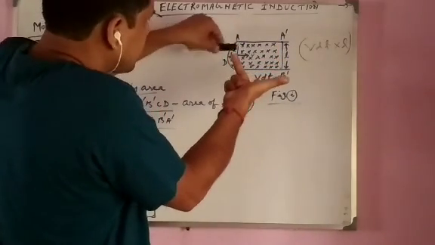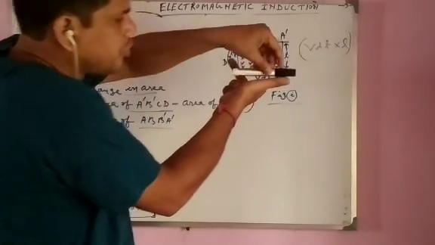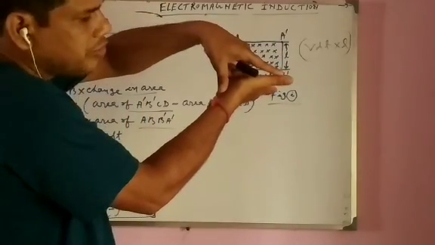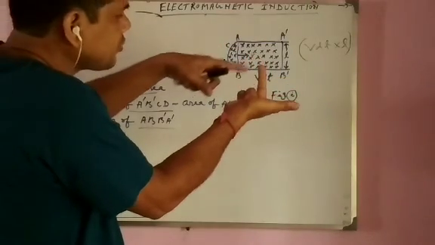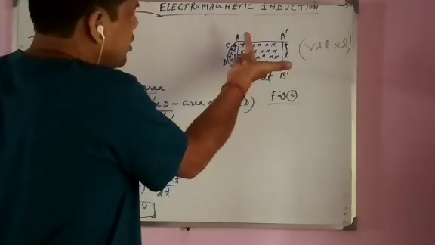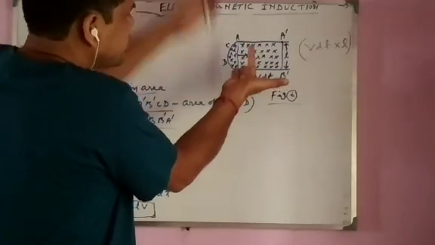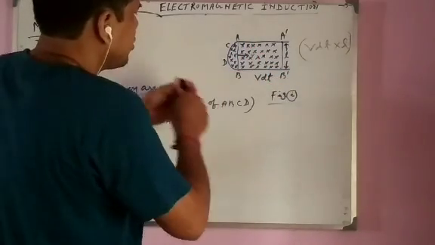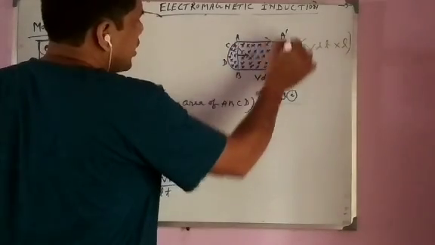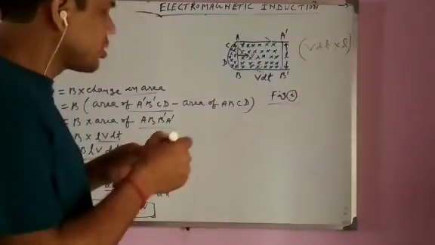The motion of the conductor, whose velocity is V, is along this direction, so the motion of the conductor is along the direction of the thumb. Then the central finger gives the direction of the induced current. If we apply it here, the direction of the central finger is from B to A. So the induced current flows like this: B, A dash, B dash, B. It means it is flowing in the clockwise direction.